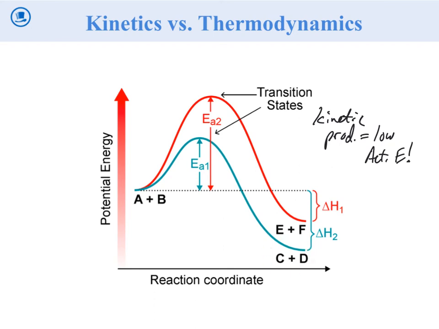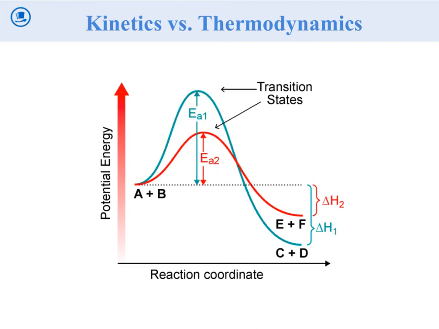Is that always the case though? No. Sometimes something that comes from the higher energy transition state will actually give you the lower energy product, and vice versa. Some could come from a low energy transition state but give you a higher energy product. So here's that example.